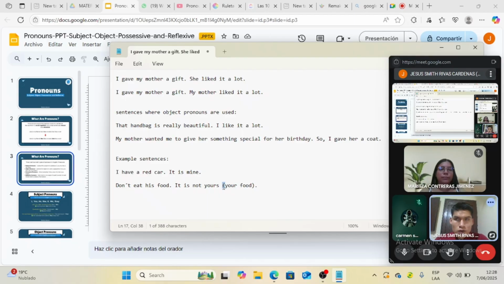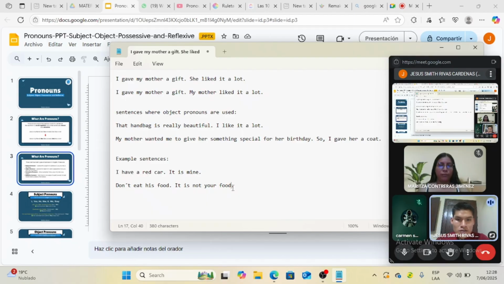How would it sound if I delete this? In Spanish, it would be no comas su comida, no es tu comida. Esto suena claramente muy robótico y por ende no ayuda a que la conversación sea fluida.